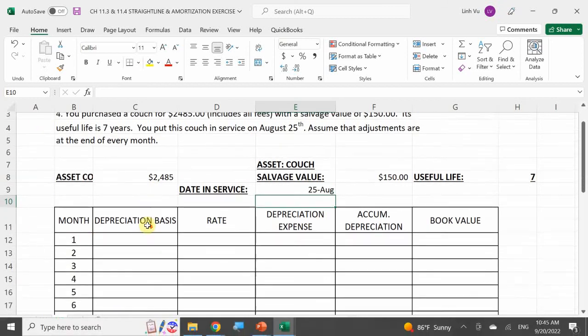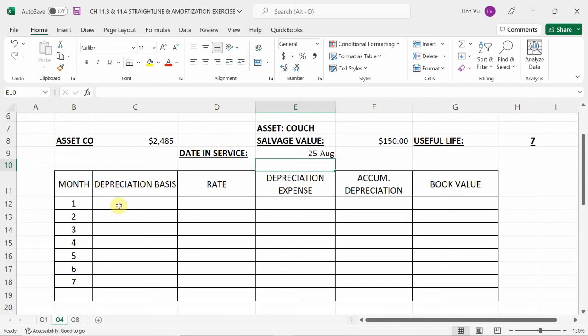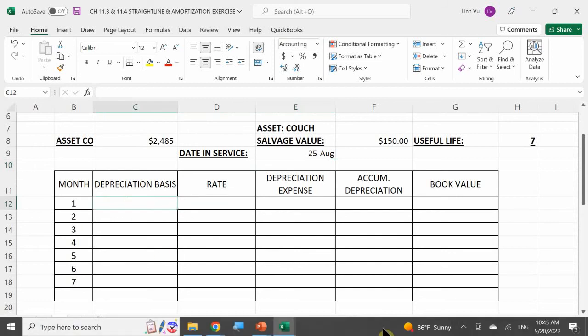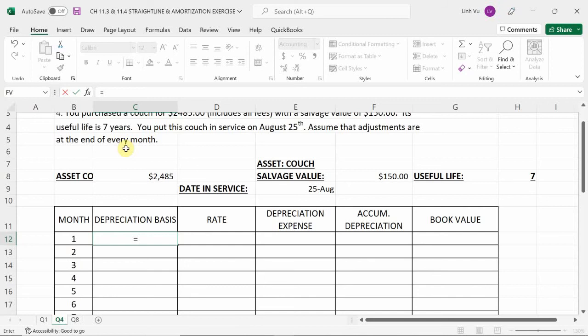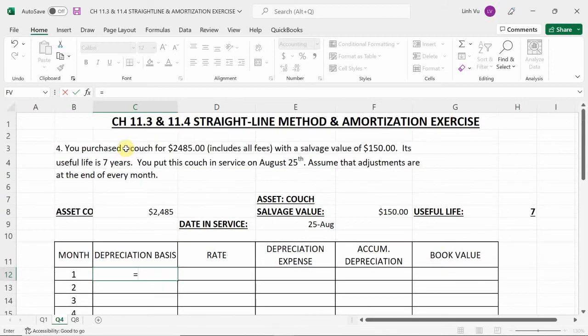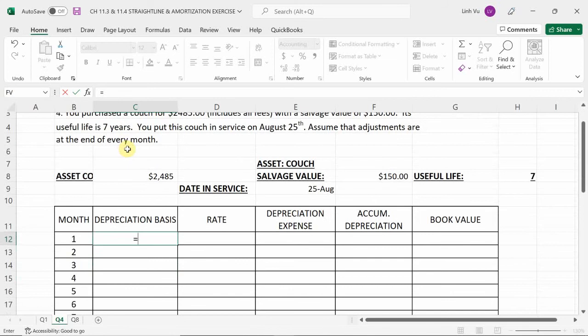So therefore, let's calculate my first one. What's my depreciation basis? $2,485?